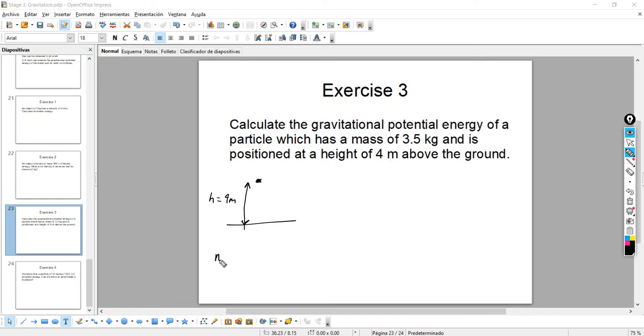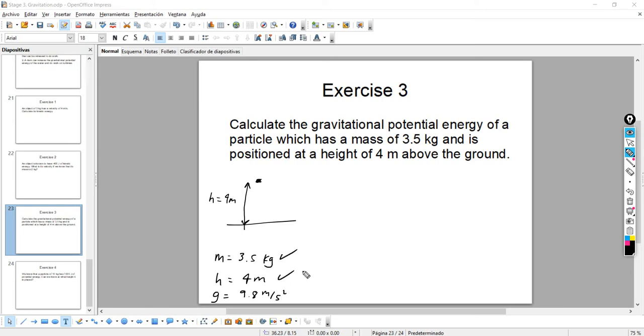There you go. We also know the mass of this particle, which is 3.5 kilograms, and the height is 4 meters. And we know the value of g because that's a constant. It's 9.8 meters per second squared.